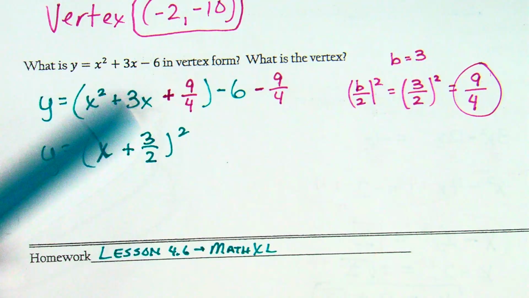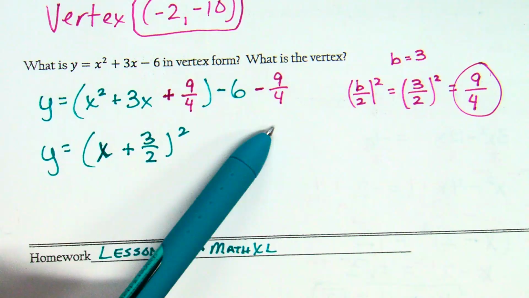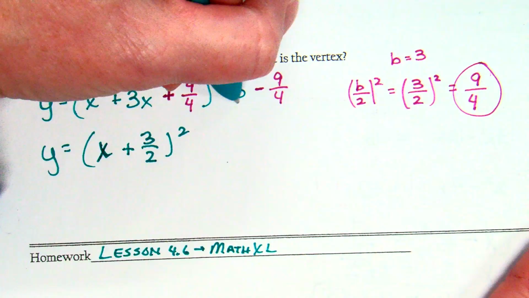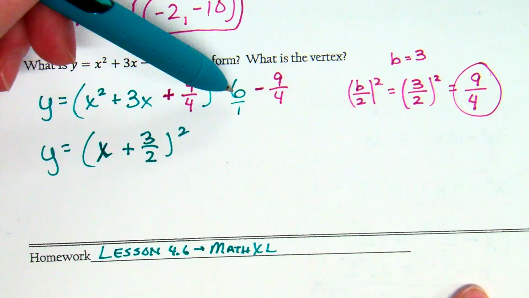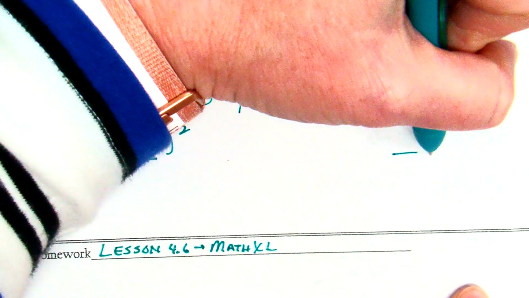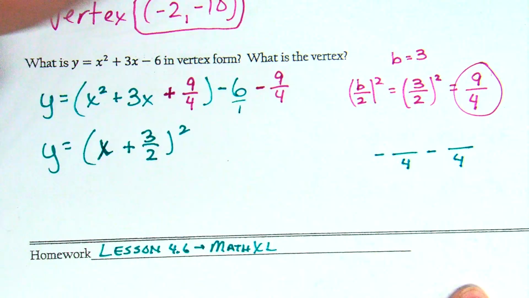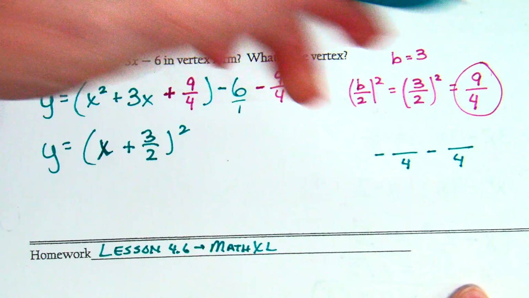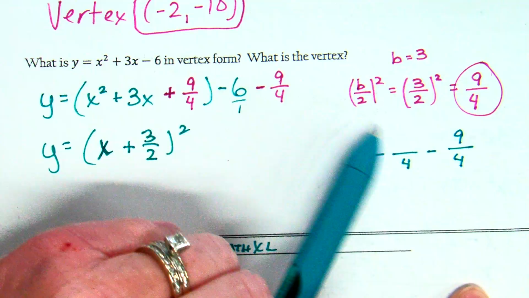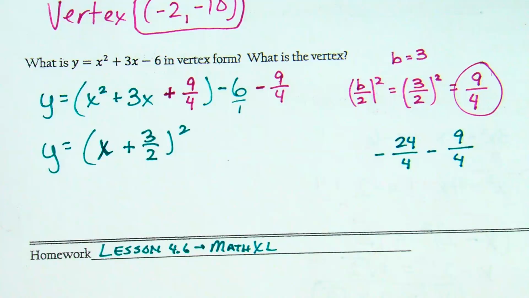Now, last difficult part for the day. -6 minus 9/4. How am I able to put these together? We need a common denominator. If you think of -6 as -6 over 1, so what's a common denominator here? 4, because there's already a 4. 1 times 4 is 4, so 6 times 4 is 24.